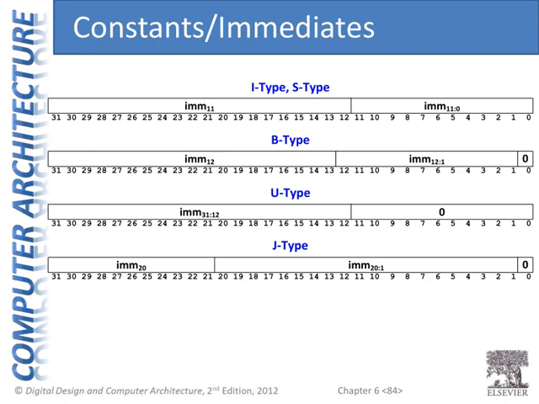And then for our U-type instructions, this is for load upper immediate, we're going to take the unsigned 20-bit value, put that into the upper 20 bits, and then put zeros into the lower 12 bits.